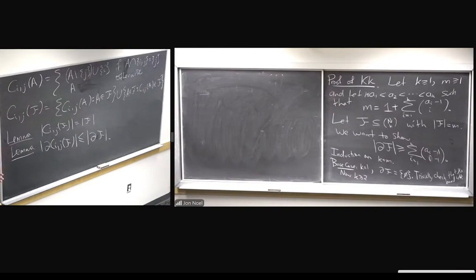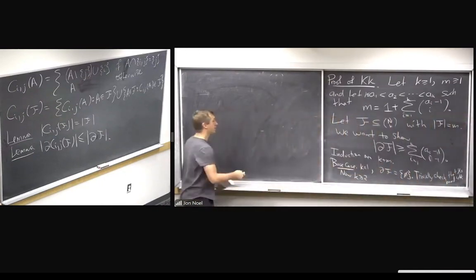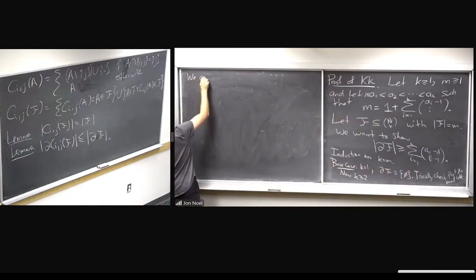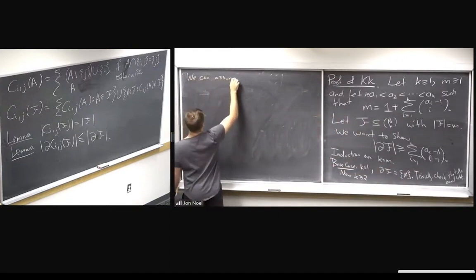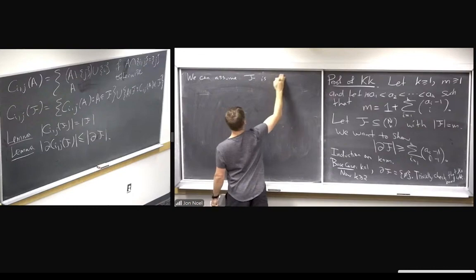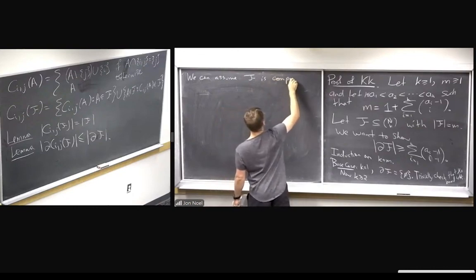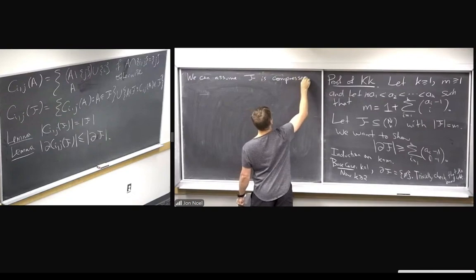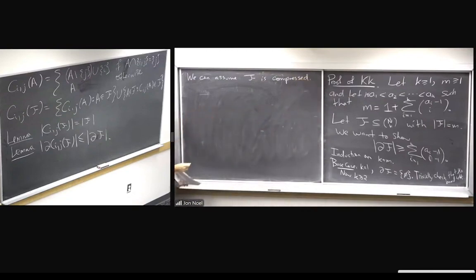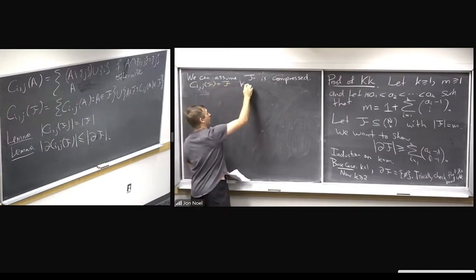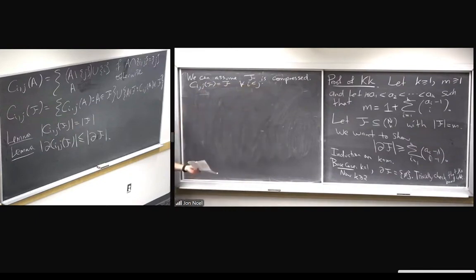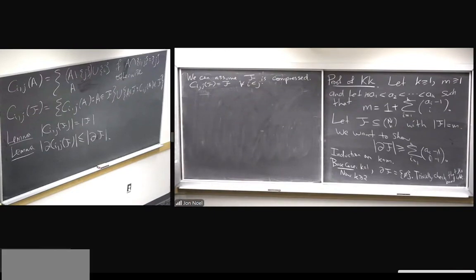Because if there's some compression I could apply, then I would do it and the shadow would just get smaller or stay the same. So we can assume F is compressed. In other words, Cij of F equals F for all I less than J. Otherwise, we would just keep compressing it and get a better example, and then we would deal with the compressed thing at the end.